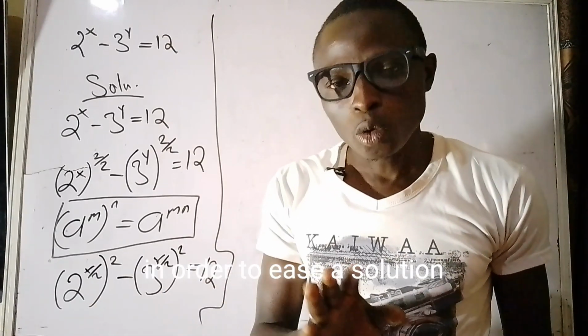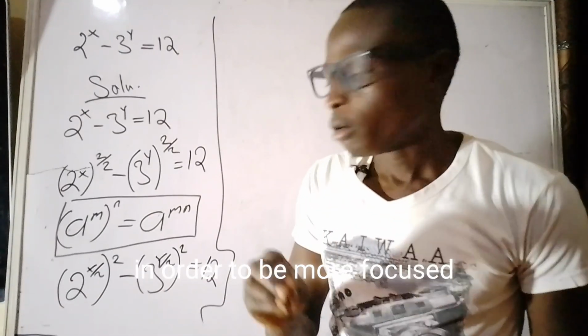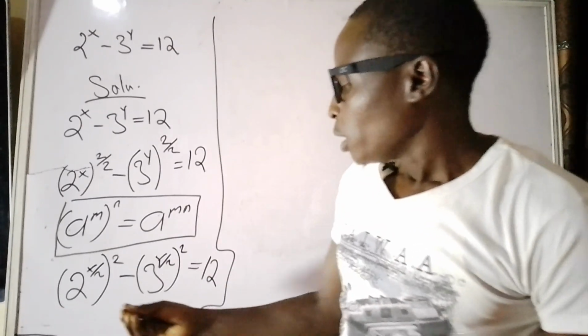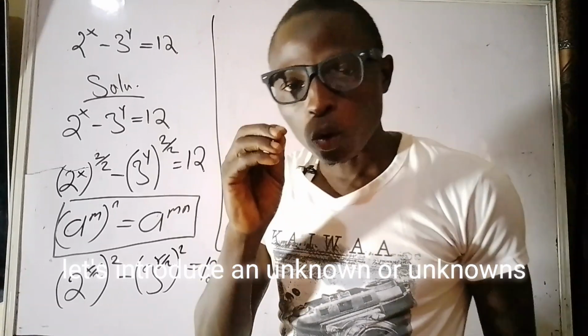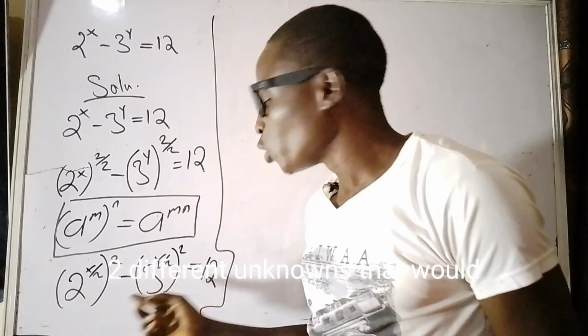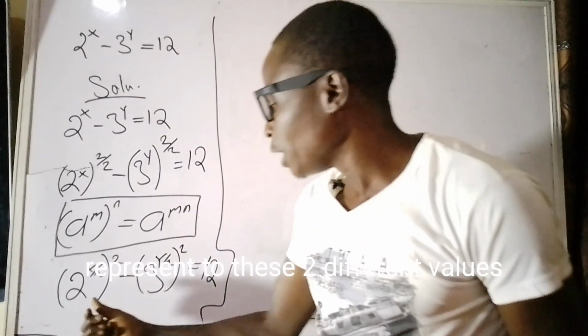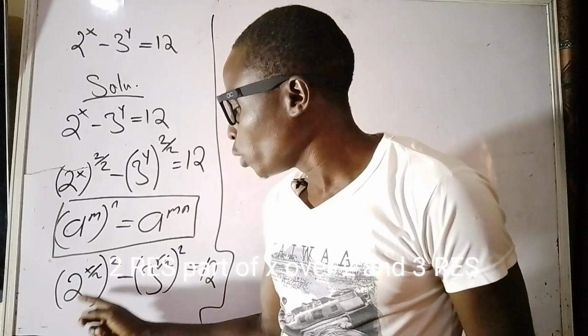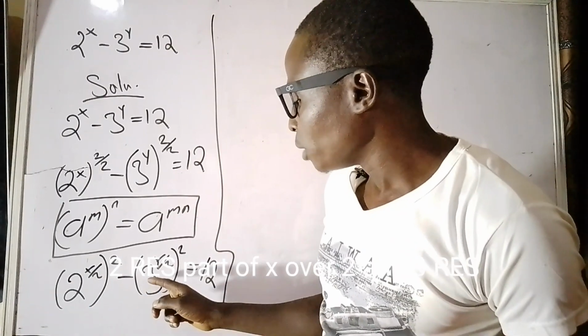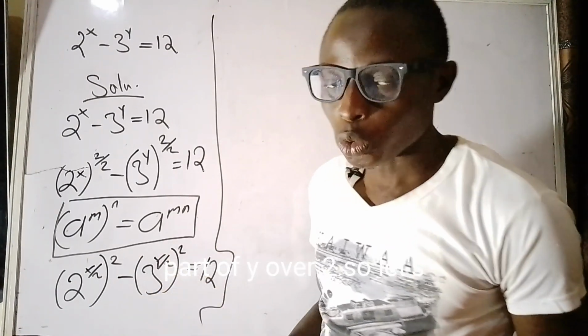In order to ease the solution, in order to be more focused, let's introduce 2 different unknowns that will represent these 2 different values, 2 raised to the power of x over 2 and 3 raised to the power of y over 2.